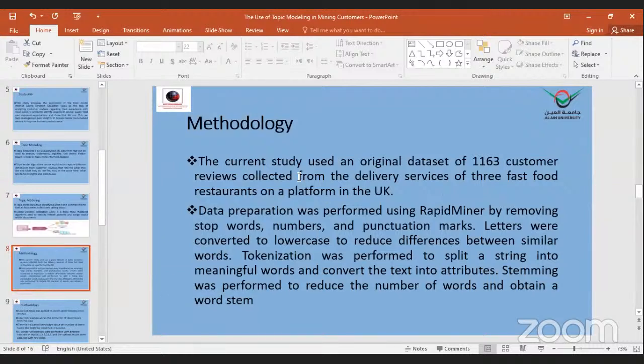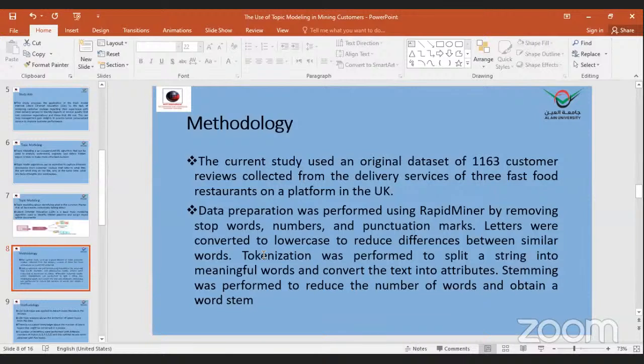Methodology. The current study used an original data set of 1,163 customer reviews collected from the delivery service of 3 fast food restaurants on a platform in the UK. The data was prepared using RapidMiner software. Stop words were removed, and also numbers and punctuation marks.